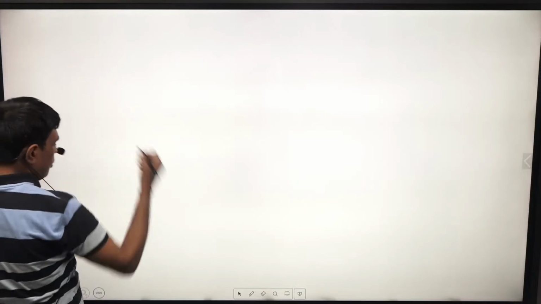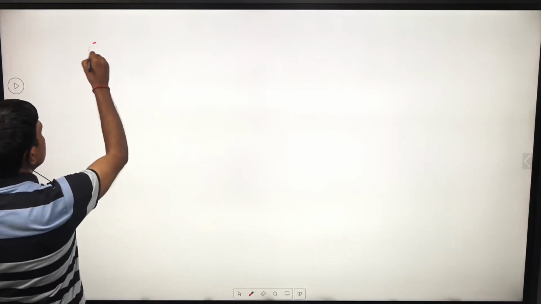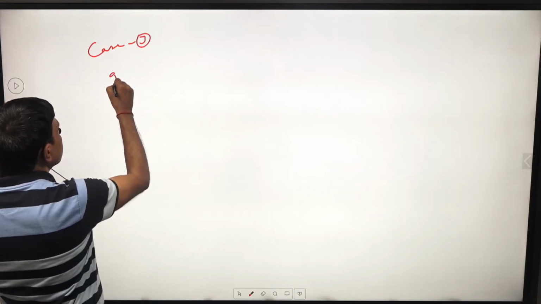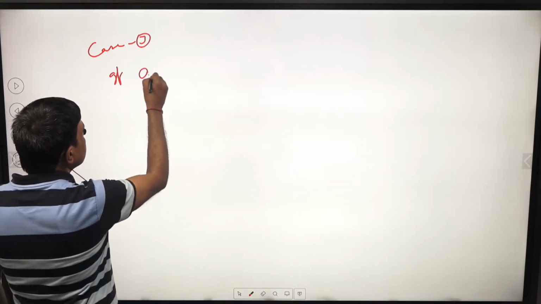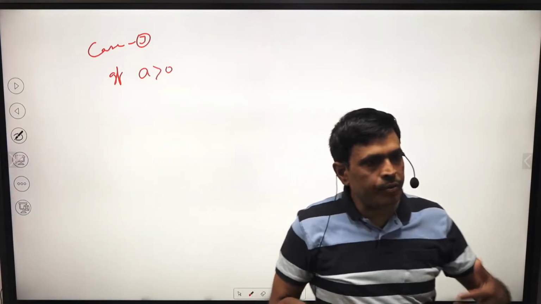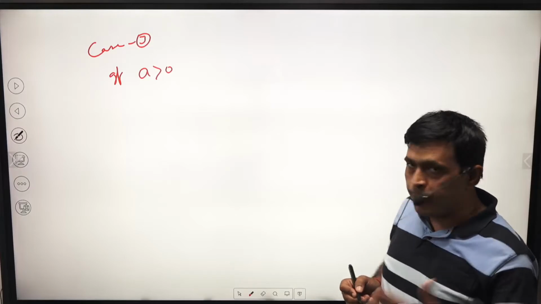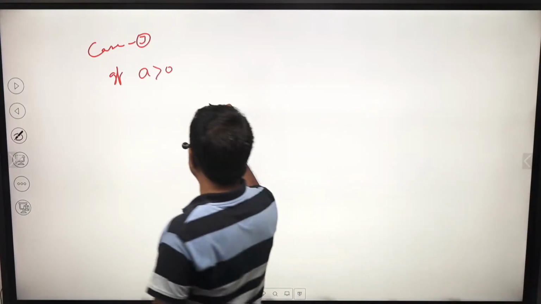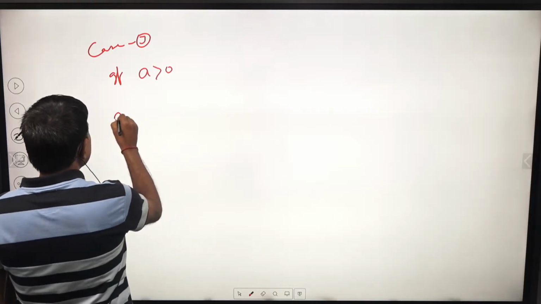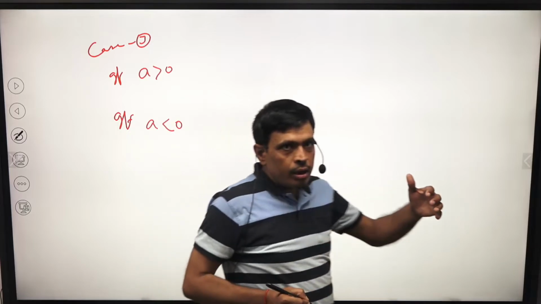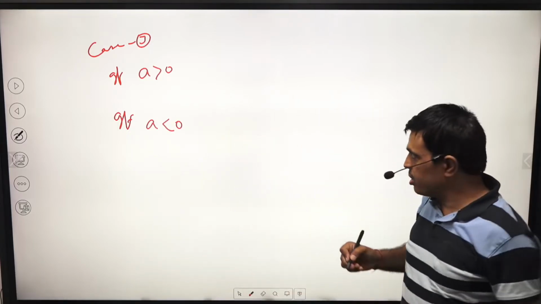The other condition is case third. If a is greater than 0, the curve is open upward, and if a is less than 0, the parabola opens downward.